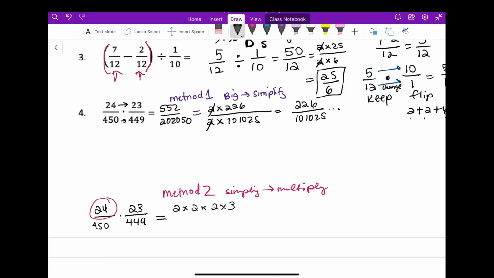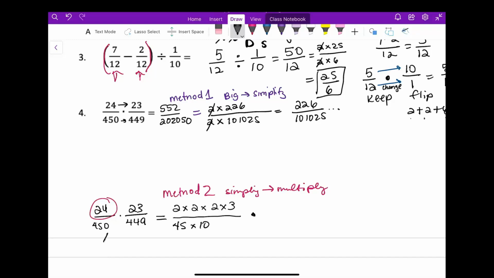So this is actually called prime factorization. It's very important because it's going to break down my numbers as far as they go, and I don't have to worry about missing anything like I did on top where the numbers were too big. Let's do this for 450. So I'm thinking about 45 times 10. And I know sometimes I ask you to start with 2's. If that's what you can think about, then start with a 2.